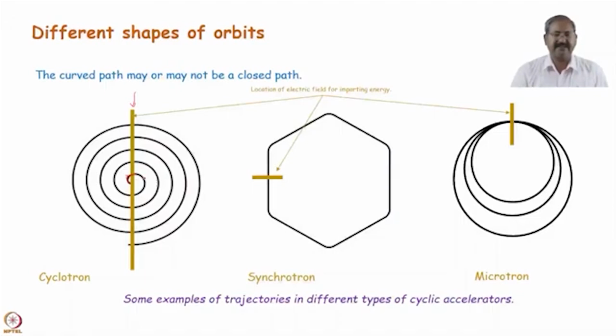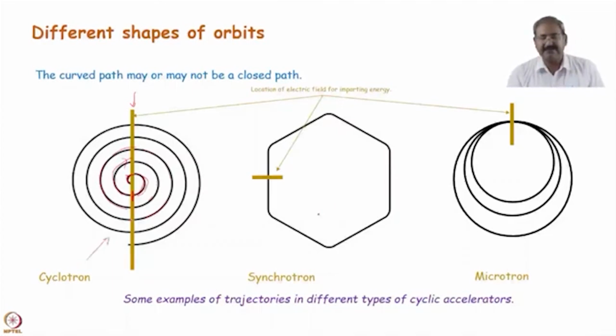Due to higher energy, the magnetic field will bend it less, meaning its radius of curvature will increase, so it will go on a larger circle. And again, when it passes through this gap, it will get some energy from the electric field, and again it will follow an even larger path. So such a spiral path will be there. This kind of orbit is in a cyclotron.